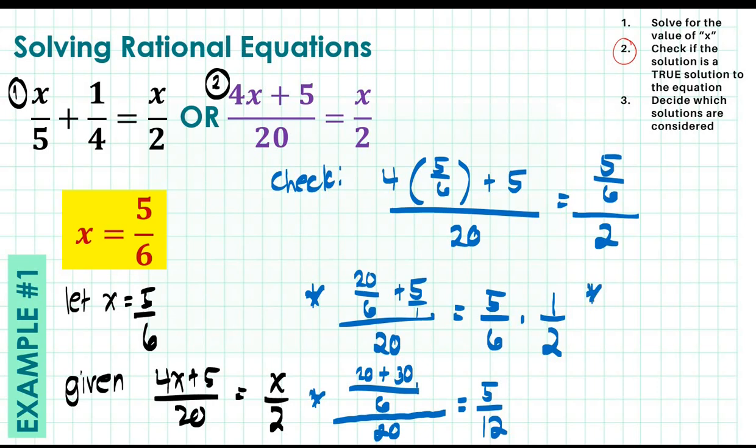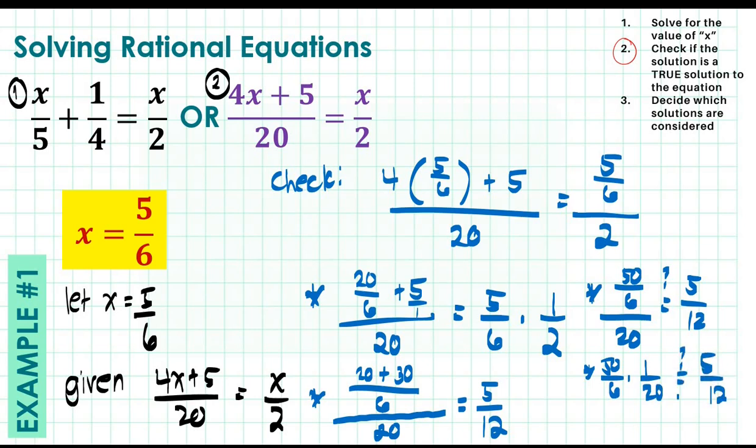Moving on, we can further simplify the numerator on the left-hand side of the equation to 50 over 6, but it will still be divided by 20, and that is equal to 5 over 12. Now we are checking if the left-hand side is equal to the right-hand side. The left-hand side can also be rewritten as 50 over 6 multiplied by 1 over 20, and we are checking if it is equal to 5 over 12.